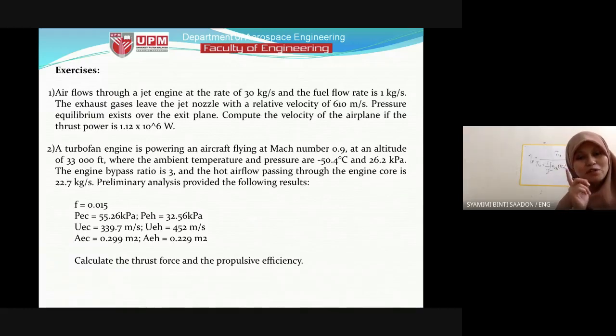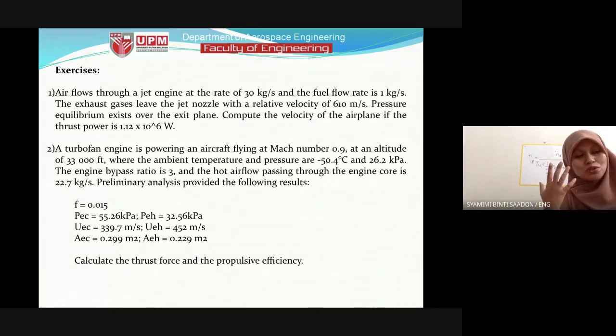Thrust specific fuel consumption is a calculation of how much mass flow rate, the fuel mass flow rate, is needed to produce 1 kilonewton of thrust, for example. In order to produce 1 newton of thrust, how much fuel is needed?